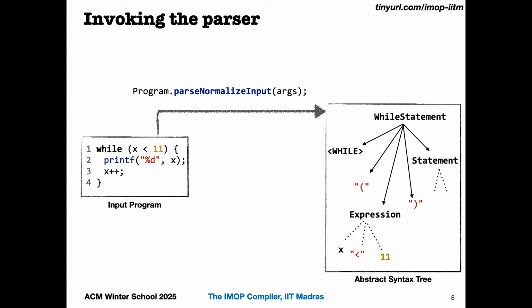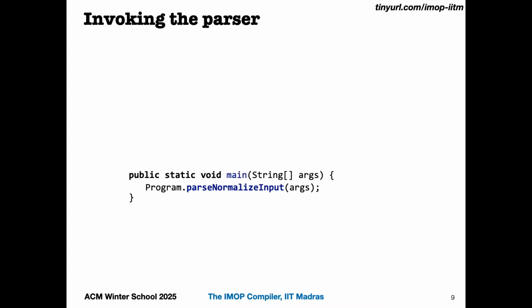Pass the program to the parse and normalize, and it will give the AST. The convenient thing is that the parsing and normalization has happened behind the scenes. So this parse and normalize is something that we will use.